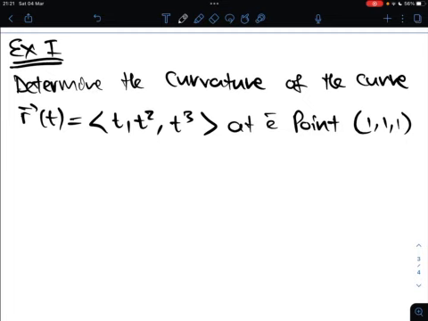This is the question that we are asked. We are asked to find the curvature at this point. We want to see how far this object has turned when it reaches that point. That's what we are interested in right now. So let's see how to work this one out.